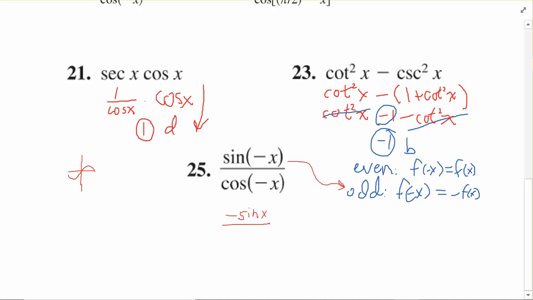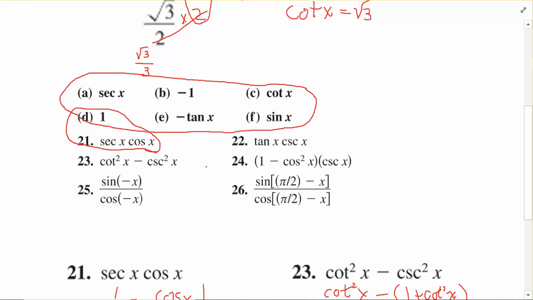And now I'm going to put that over the cosine of the opposite of x, which is an even function, which means that the cosine of the opposite of x is equal to the cosine of x. And now this is the tangent. So that means the answer is the opposite of the tangent of x, which is which one up here? E.